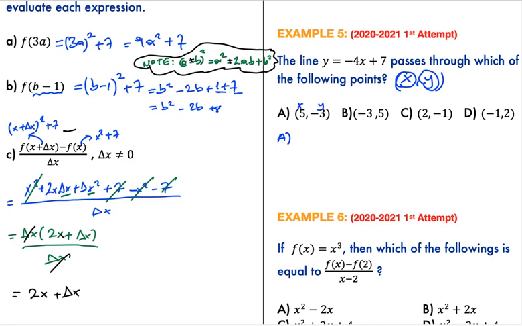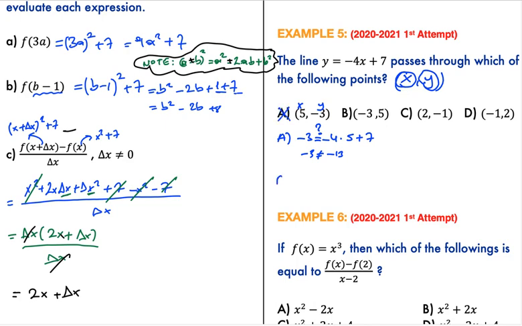Let's do the substitution. Let's write negative 3 for y equals negative 4 times x, which is 5, plus 7. Is that true? Negative 4 times 5, negative 20, plus 7, negative 13. Negative 13 is not equal to negative 3, so option A is false.